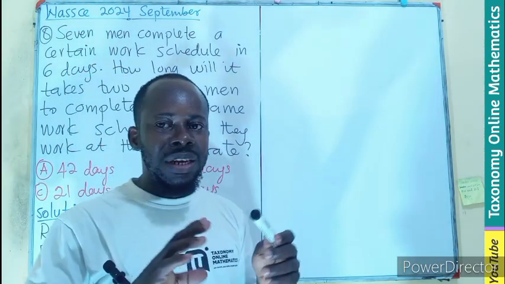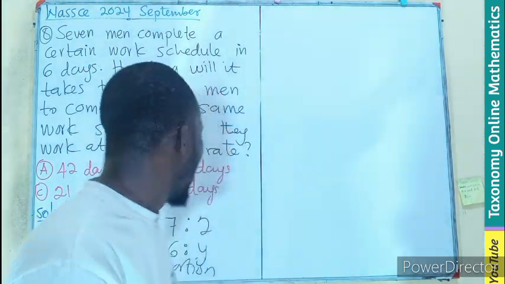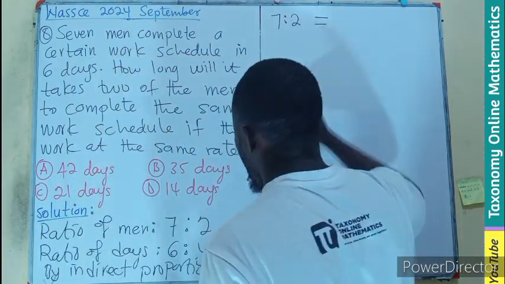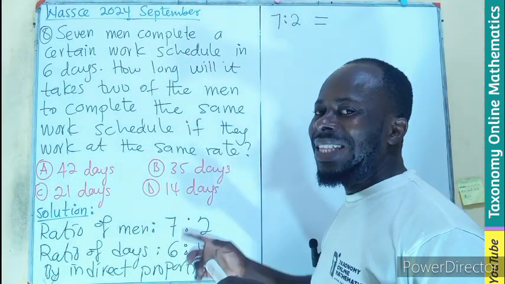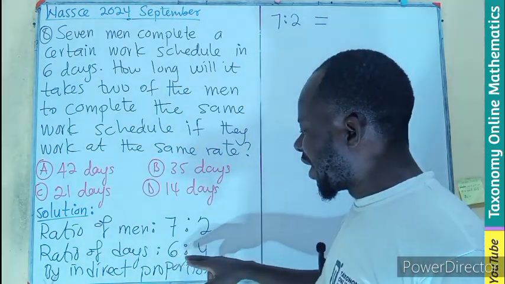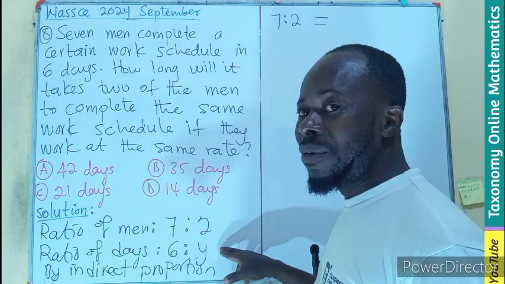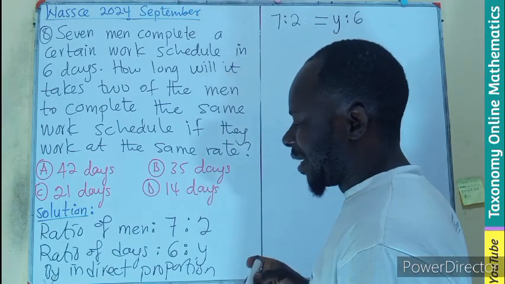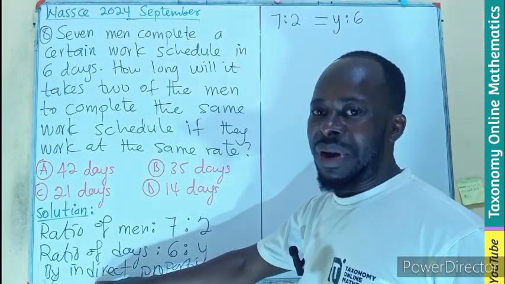That is equating 2 ratios together. So we are going to have 7 is to 2 equals to, we are saying this is indirect, therefore we change the position of the second ratio, making it y is to 6.